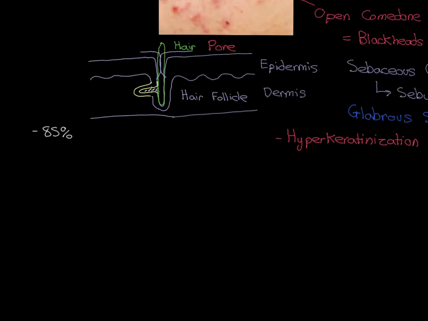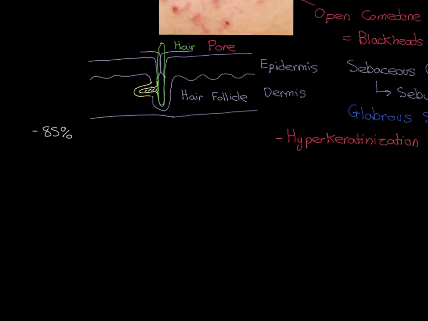The epidermis becoming too thick, the keratin layer, which is the layer of these pancake cells full of keratin, becomes too thick. Hyper means too much. Keratinization refers to the keratin layer, the layer of pancake cells full up of keratin. So it causes the blocking of the hair follicle entrances.